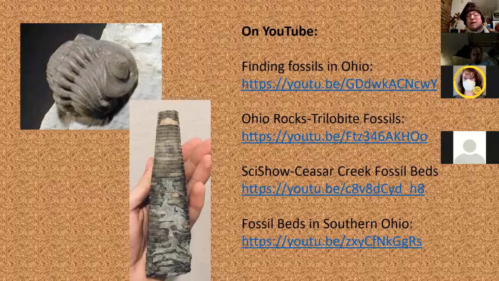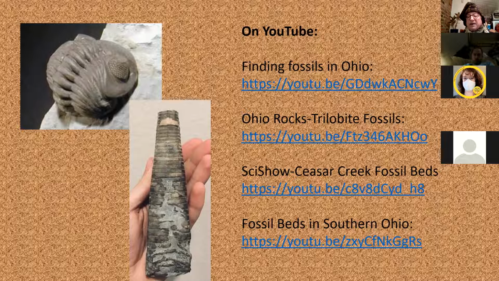Number 2, Ohio Rocks is a series put on by the ODNR, and they have a special one on trilobite fossils, which is really good. If you didn't know it, trilobites are the state fossil of Ohio, and they show it. They happen to have a trilobite that is big enough to kill a small dog. It's huge. I don't know how the guys even lift it.